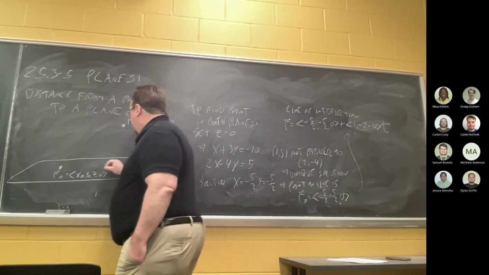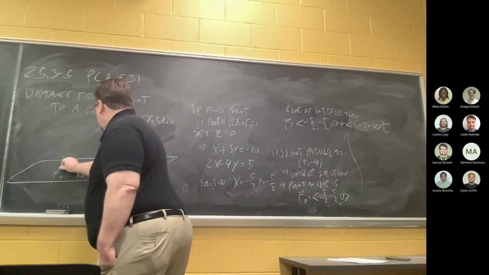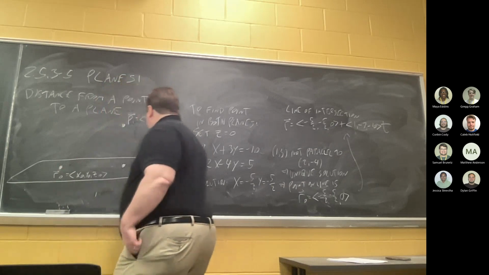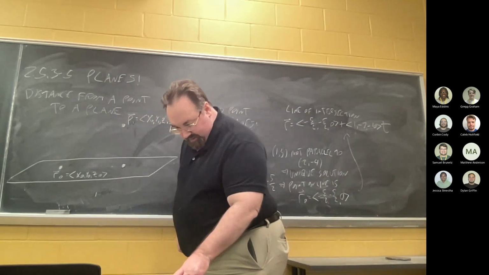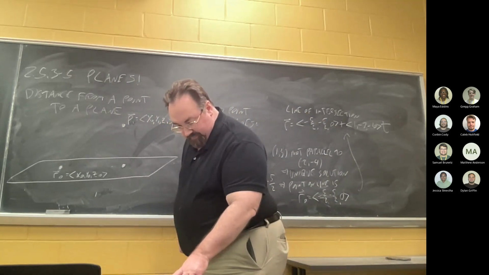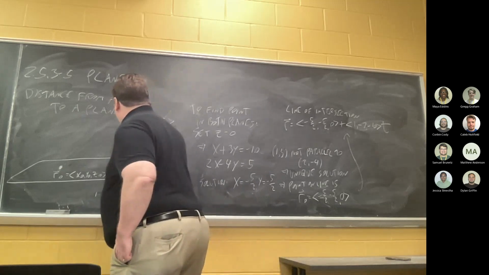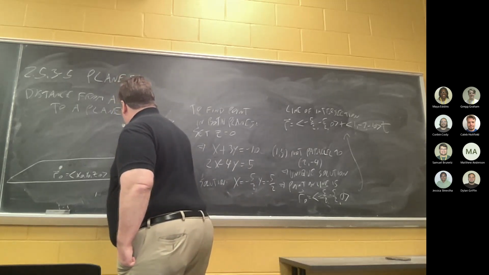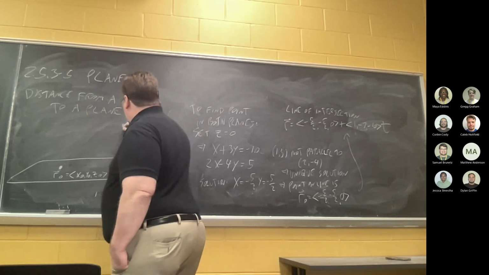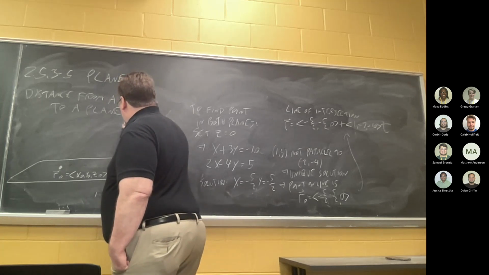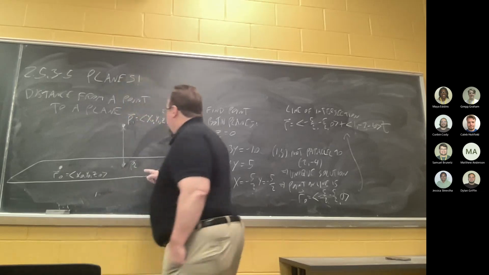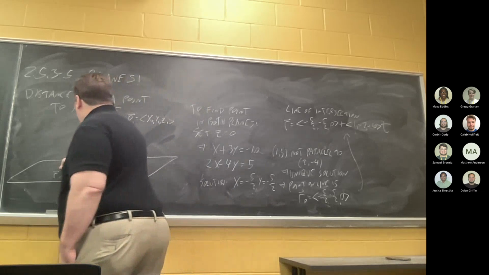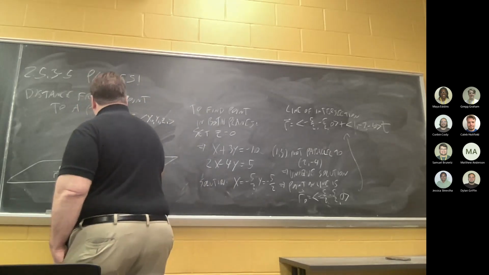And that best approximation, at this point I'll label P2, is such that the vector between these points must be orthogonal to the plane.